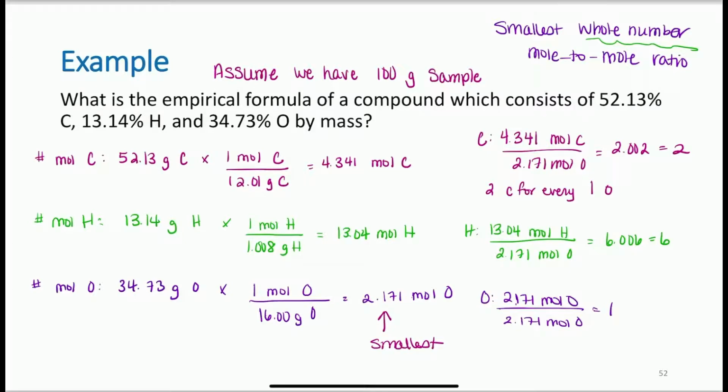What this means, though, is that for every one oxygen, I have 2 carbons and I have 6 hydrogens. This is my empirical formula. C2H6O. For every 1 oxygen, I have 2 carbons and 6 hydrogens.